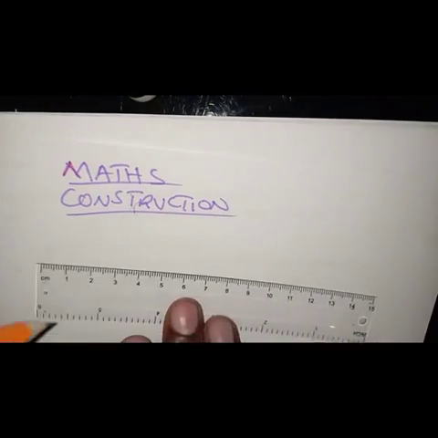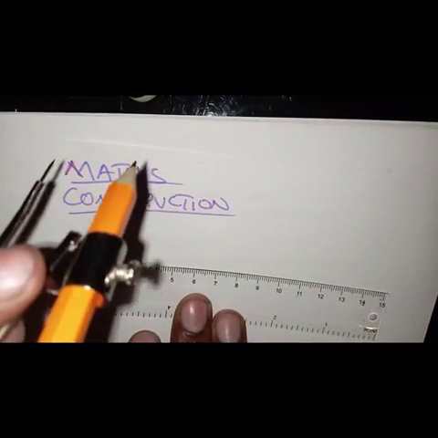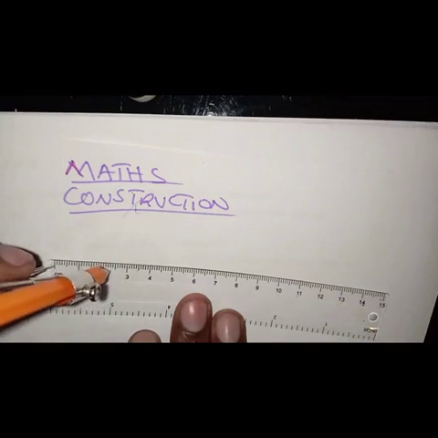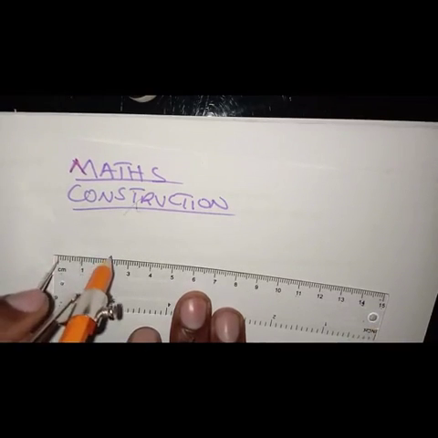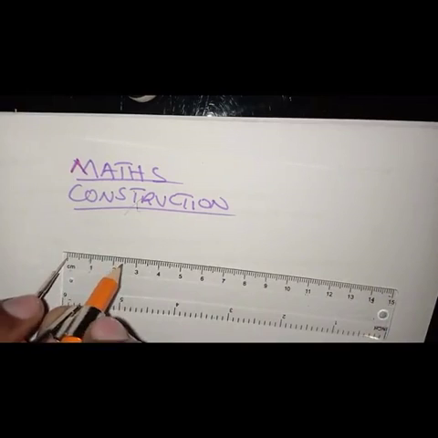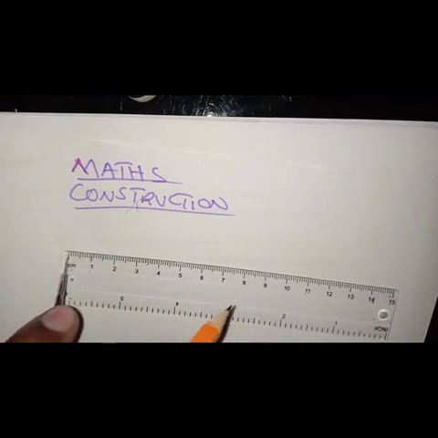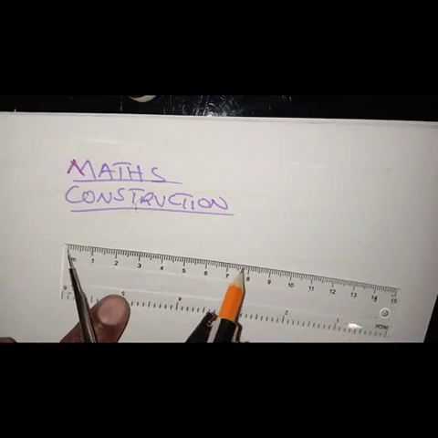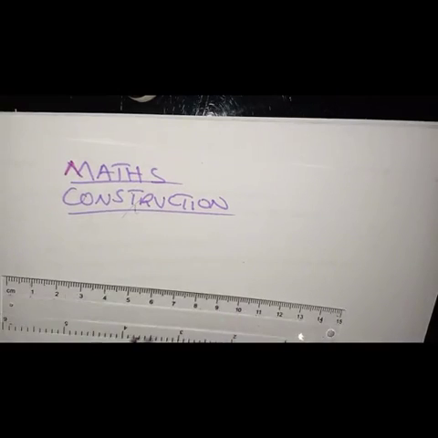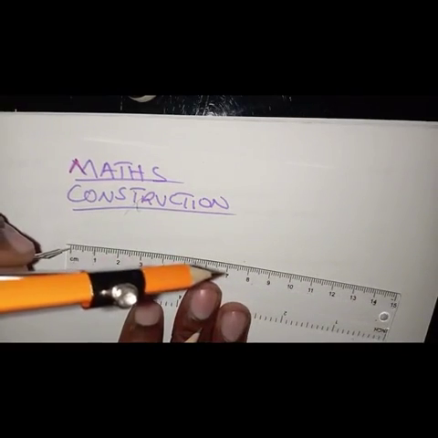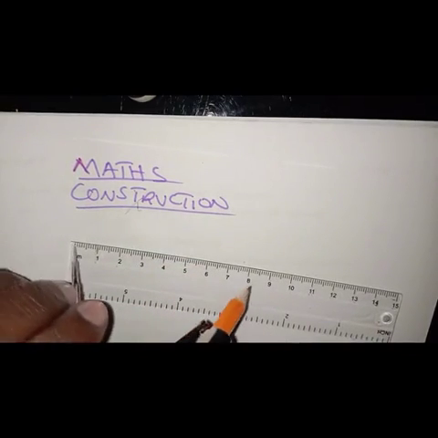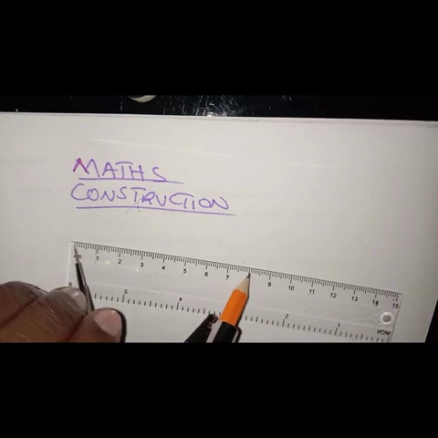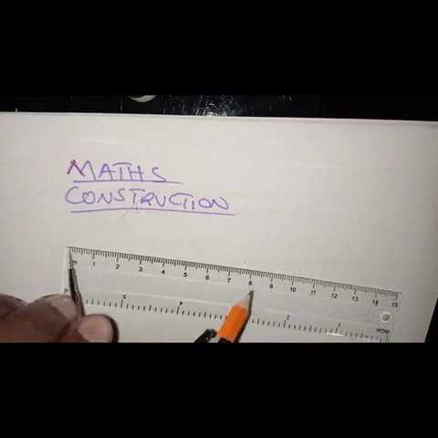You can place your rule anywhere. Use your compass to measure. See, up to 8. Okay, that is my 8. That's my 8 centimeters.